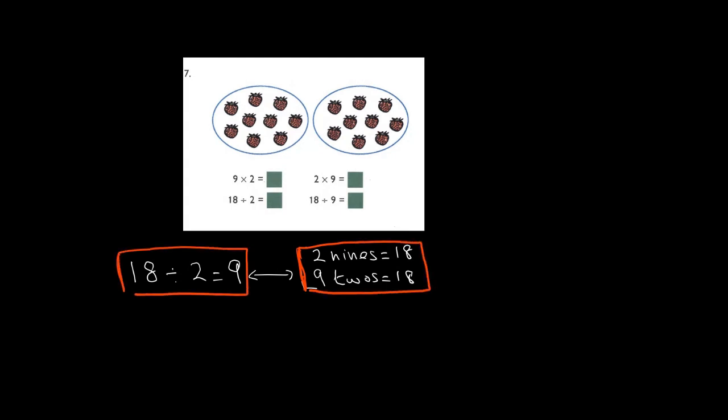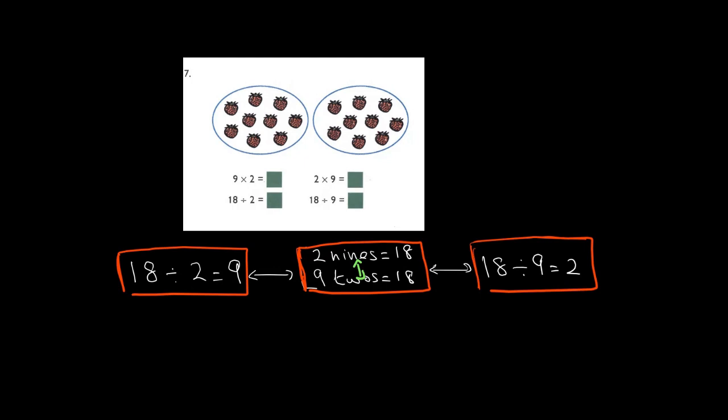And please note, these two things, 2 nines are 18 and 9 twos are 18, also mean that 18 divided by 9 is equal to 2, and that is the other meaning of this. These two are also equivalent.